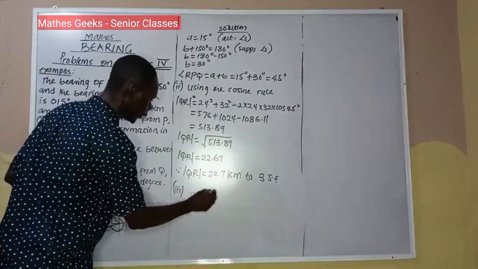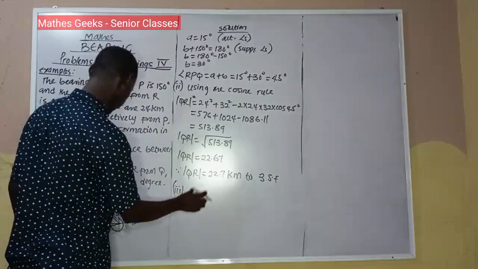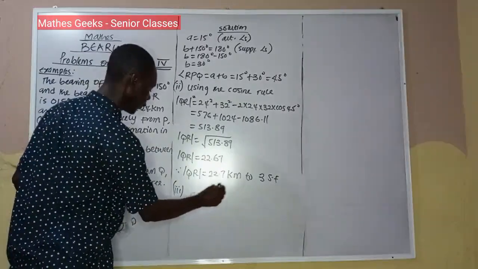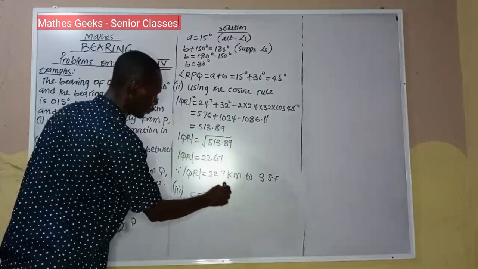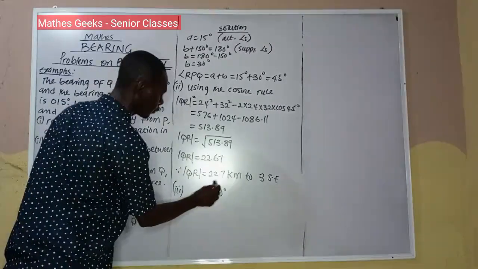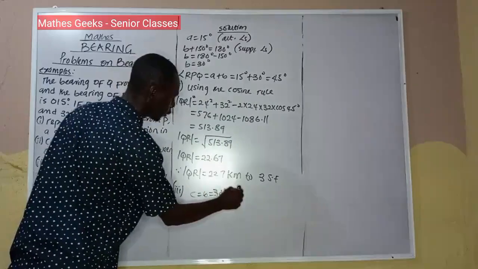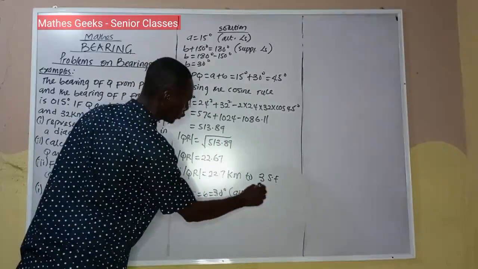C is equal to B, and that's equal to what? What's B? B is 30 degrees, and that's alternate angles.